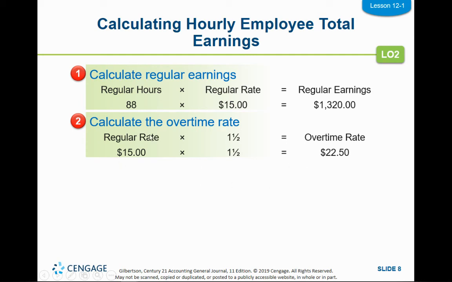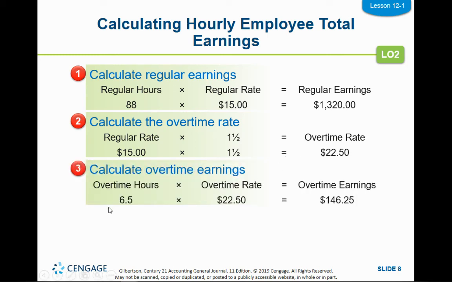Then you've got to figure up their overtime rate. Usually overtime pay is going to be time and a half, which means your regular pay plus half of what you make. So in this one, you're going to take 15, that's their regular rate, times 1.5, which gives them an overtime rate of $22.50. Then you take the overtime hours of 6.5 that they worked times the rate of $22.50, and their overtime earnings is $146.25.